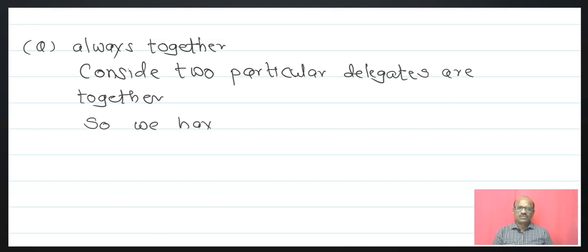So we have 22 plus 1, that is, the two delegates treated as one unit, and they become 23.